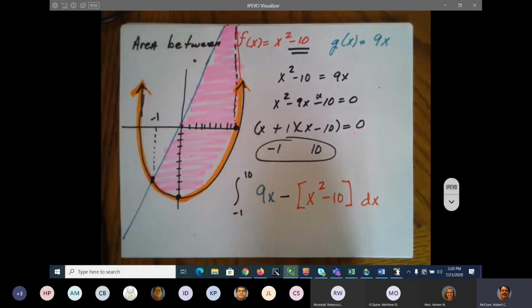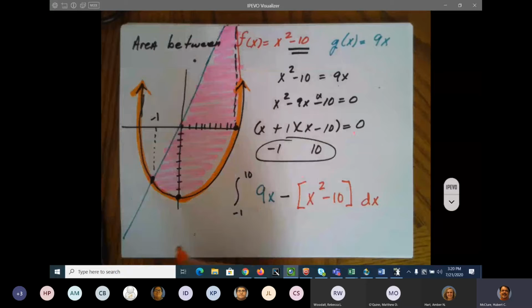Now I'm going to take it one step further. I'm going to write the setup with the antiderivative right below that, in this yellow.